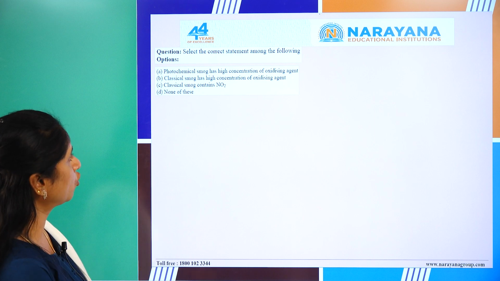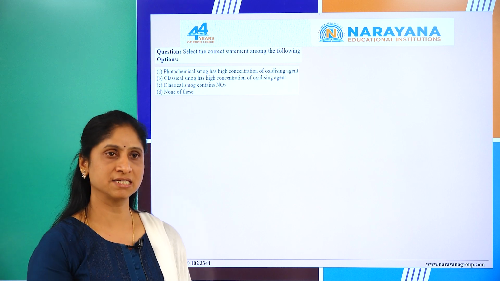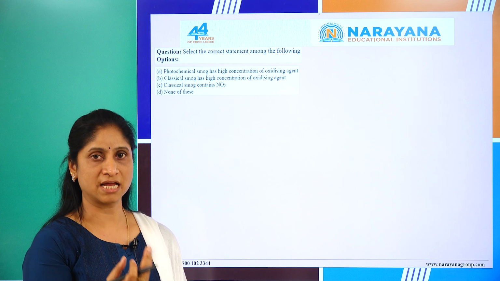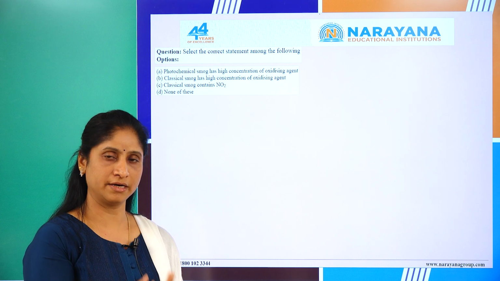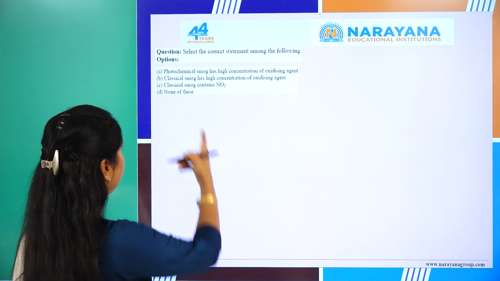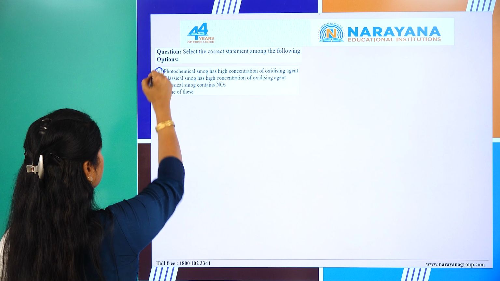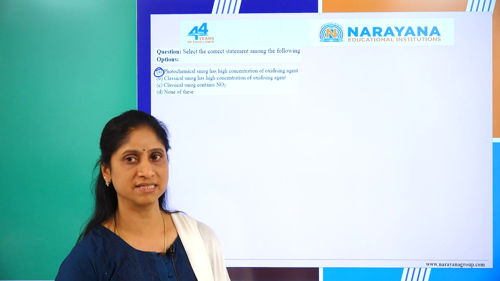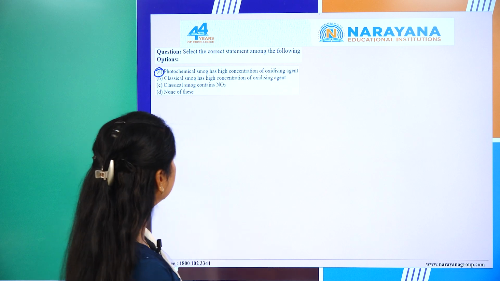Photochemical smog is an oxidizing smog, whereas reducing smog contains mainly sulfur dioxide, which is favorable under cool and humid conditions. Therefore photochemical smog containing the oxides of nitrogen has high concentration of oxidizing agent is the correct option.